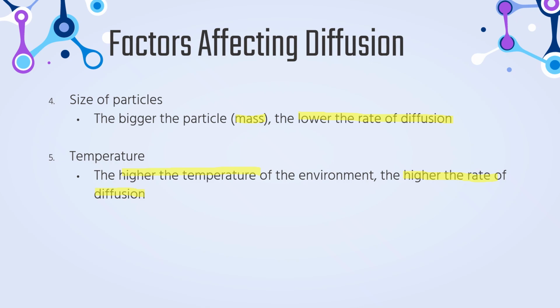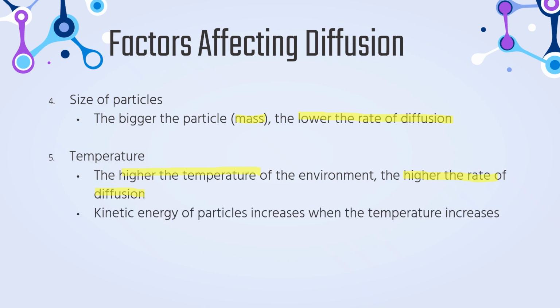This has to do with what you studied before under the particulate nature of matter. When the temperature is higher, the particles move faster. So the kinetic energy of particles will increase when the temperature increases, and if they move faster, they are able to diffuse faster.